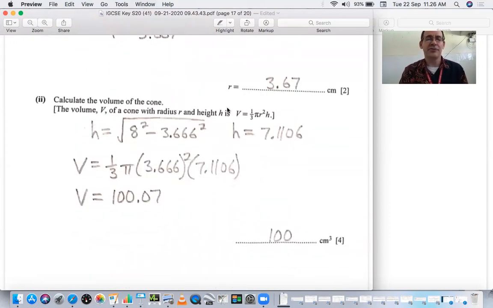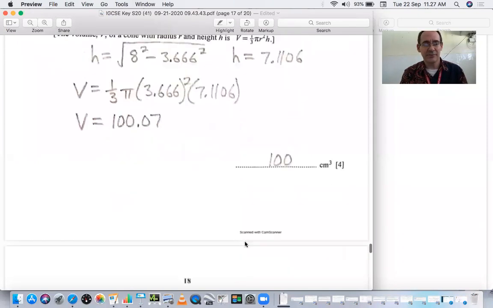Plug that into your volume formula, 1/3 pi r squared times height, which gives you a volume of 100.07. Remember that zeros between numbers, or zeros where there is a decimal, are significant. So these are zeros between significant numbers, so to 3 significant figures would just be 100.